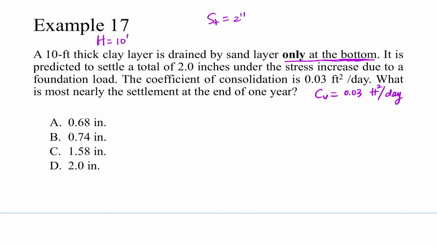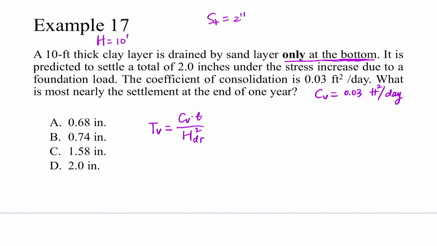So this considers the time effect, and the first equation you need to pull out from the reference manual is to come up with the time factor. So T_v is C_v times t over H_dr squared. C_v, we got that, and t is 1 year. The real question is, what is H_dr?